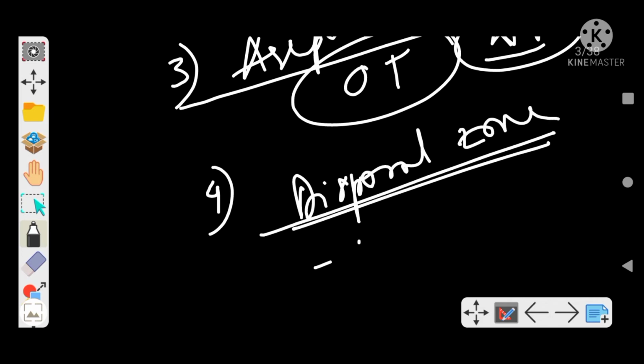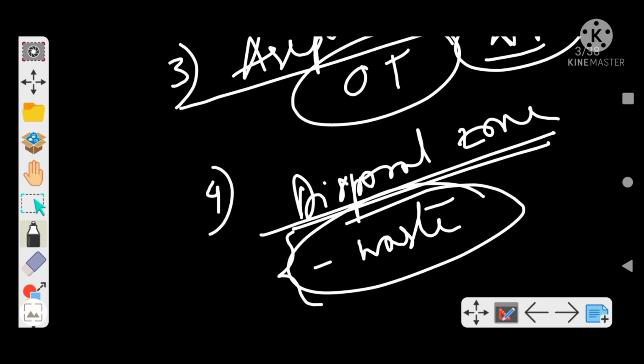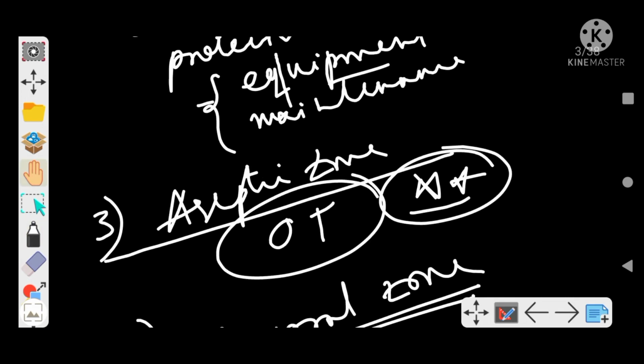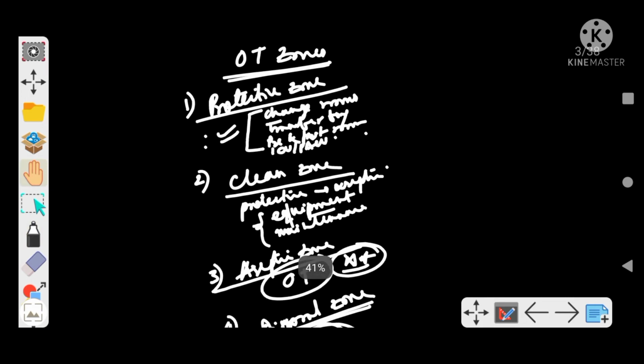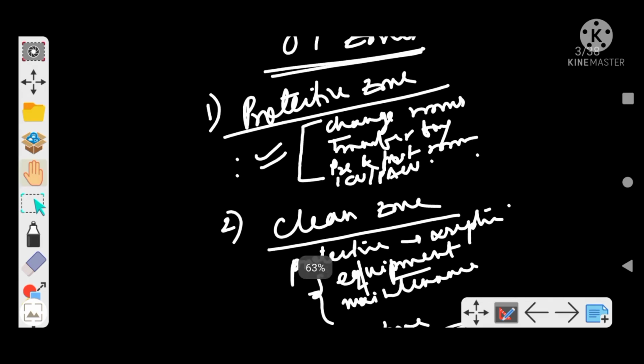In this we throw all the waste materials, the gauze and needles and drugs, everything that remains after the OT procedure, in the disposal zone, right? So these are your 4 zones. I hope this is clear, very important.